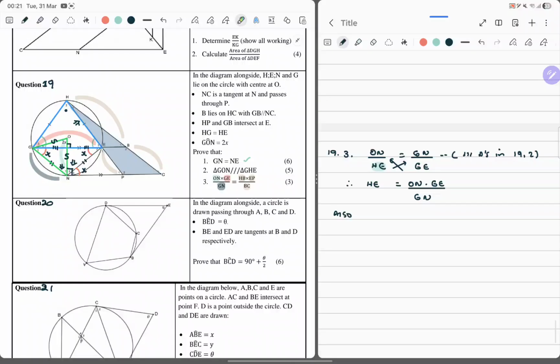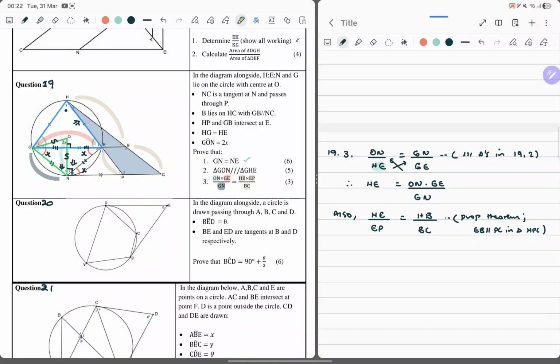We also know, folks, that HE over EP should be the same as HB over BC. This is the proportionality theorem with EB parallel to PC in triangle HPC.